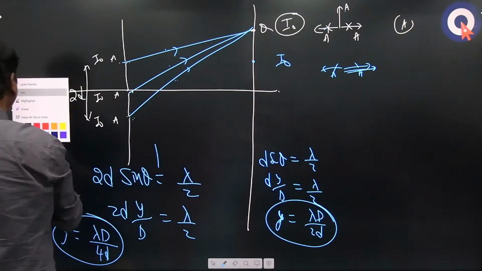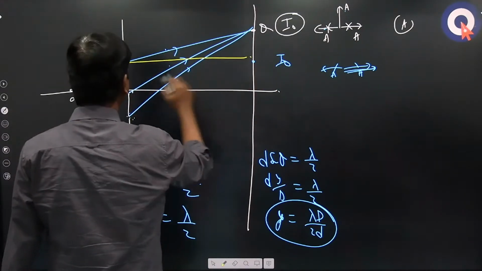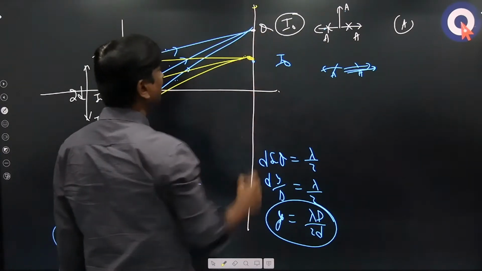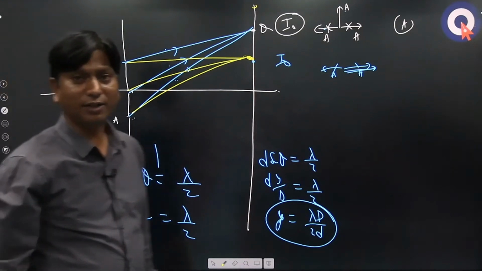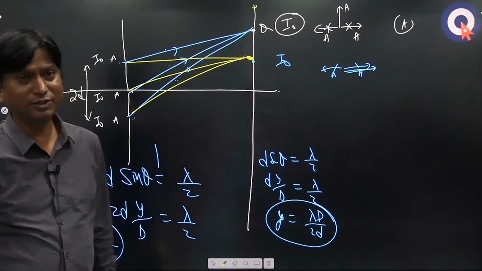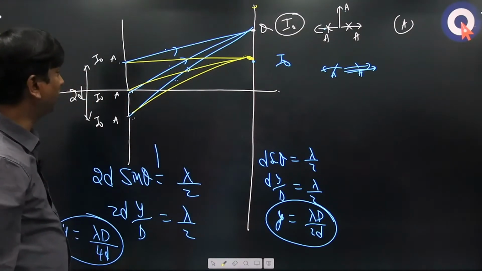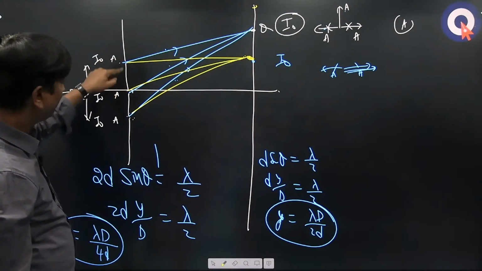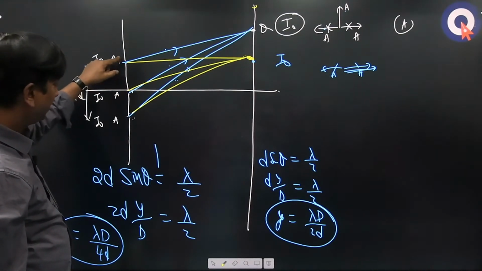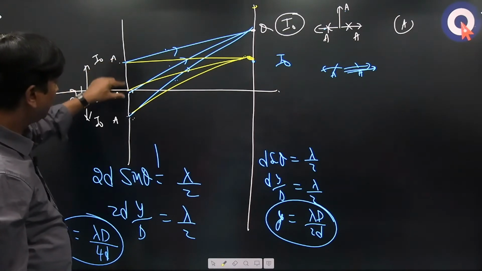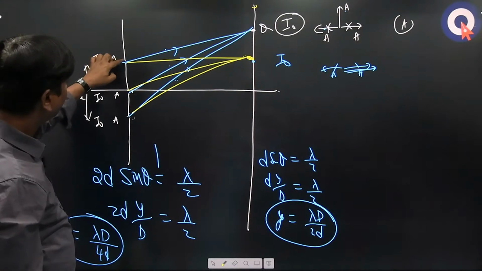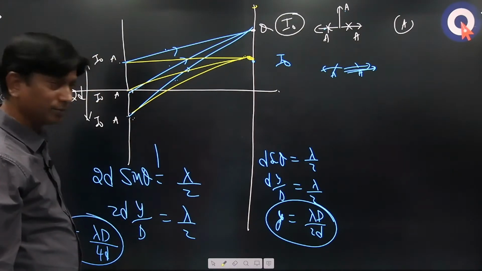Here also you will get I0, here also you will get I0, here also like that. Different places you will get I0. First two you just count. So the thing is very simple. First one you are taking between these two, if it is lambda by 4, between these two also lambda by 4. First I am taking between first one and third one as lambda by 2.